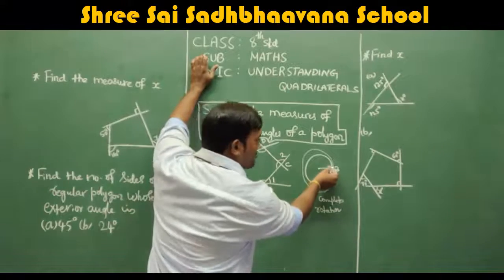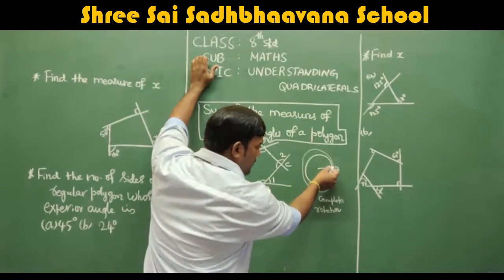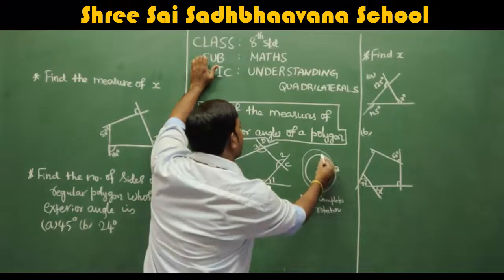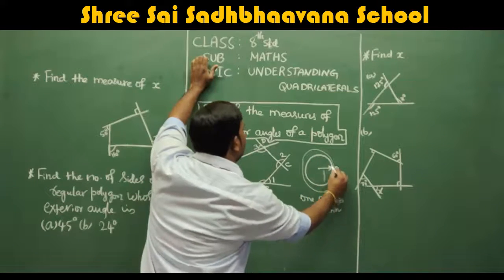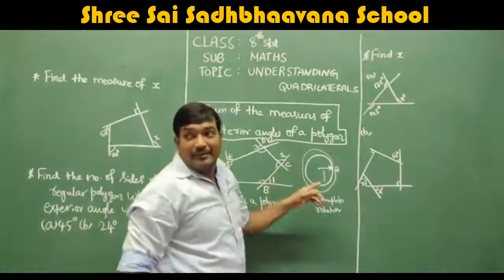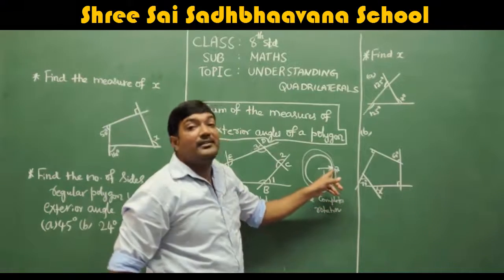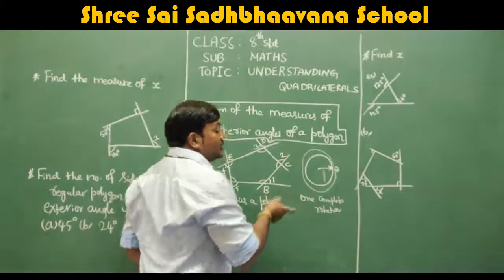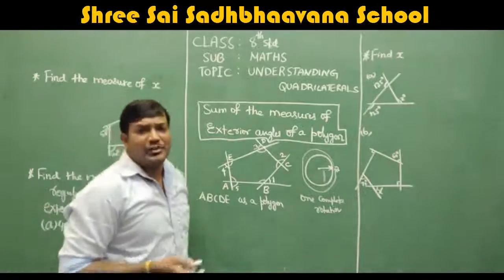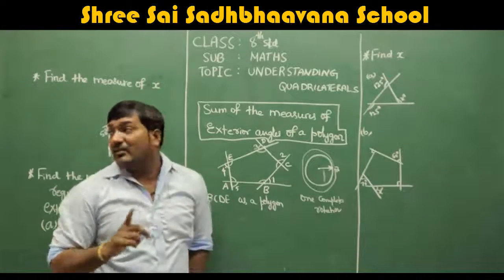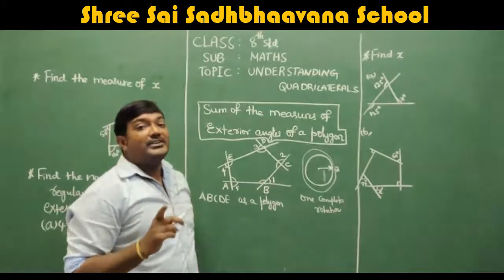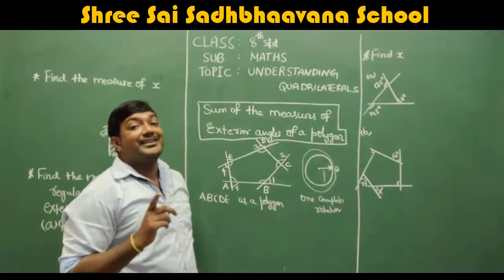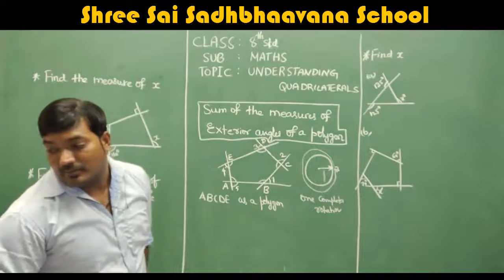You started your journey here, went in a circular path and came back to the same place. It means you completed one rotation, or one revolution. How many degrees does it take? Remember, one complete rotation takes 360 degrees.